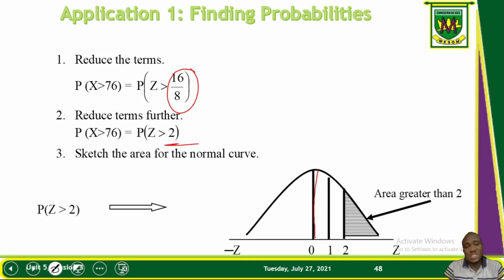But because I'm considering a score greater than, which is one-tailed, directional, my focus will be on the right side. And after computing, I got 2. So I have to stand on the 2 and shade the spaces after the 2.